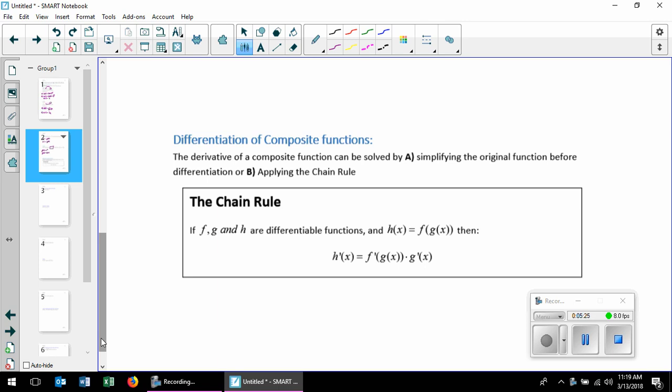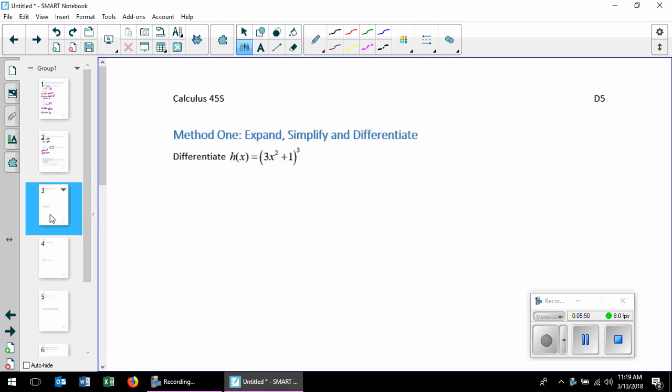So if you want the derivative of the composite function, you take the derivative of f of g of x times the derivative of g of x. Makes sense? Perfect sense. Look at that, we got through 2 of 7 pages. It'll make sense as we go through.